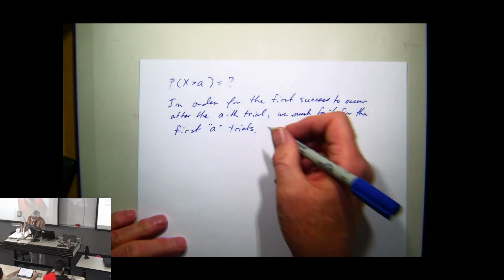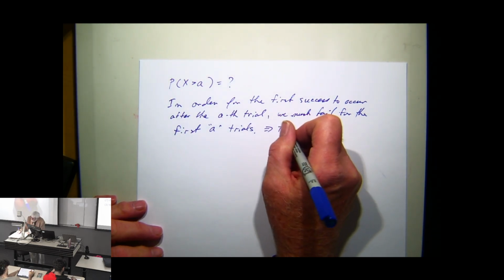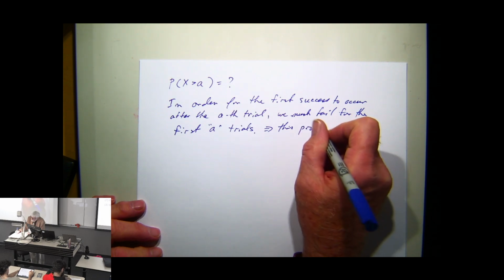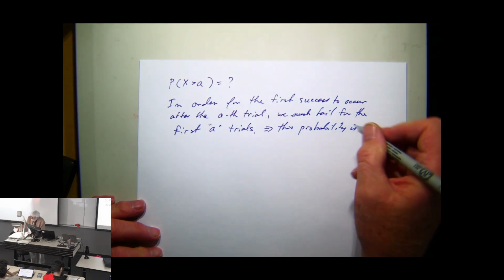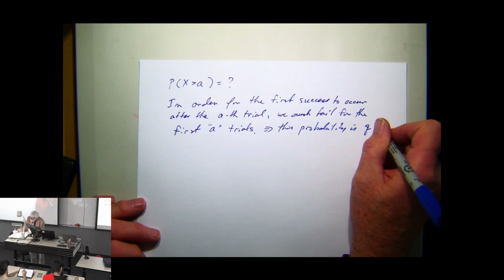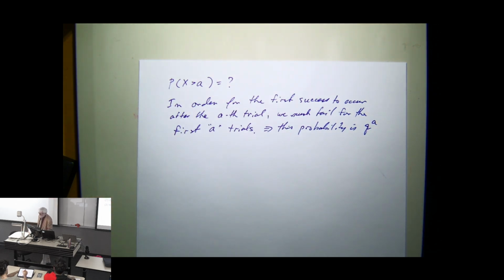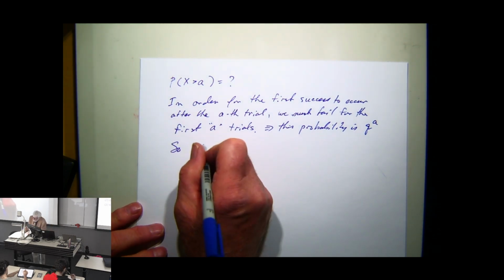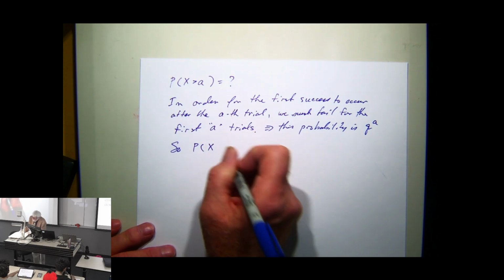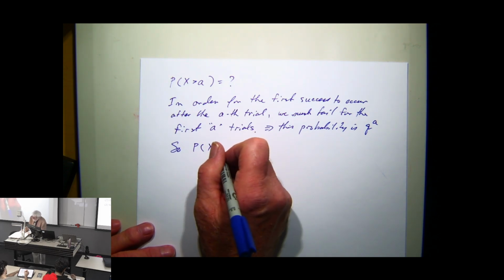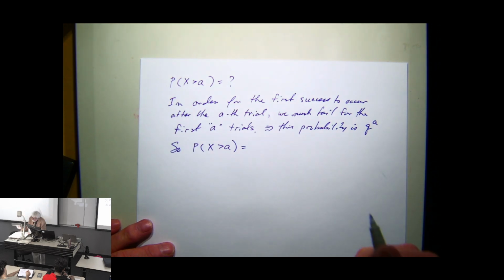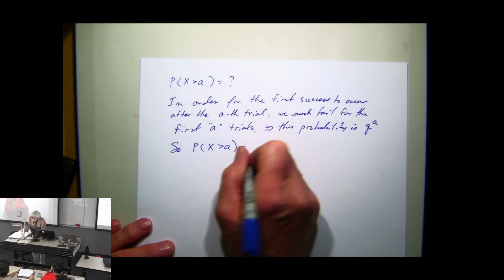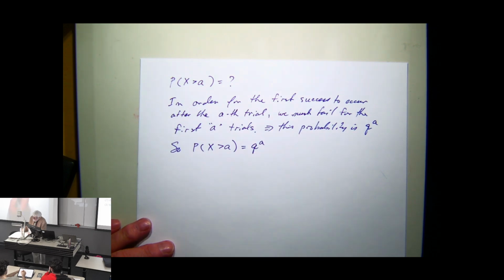First 8 trials. And this probability is q to the a. So, the probability that x is greater than a equals q to the a.